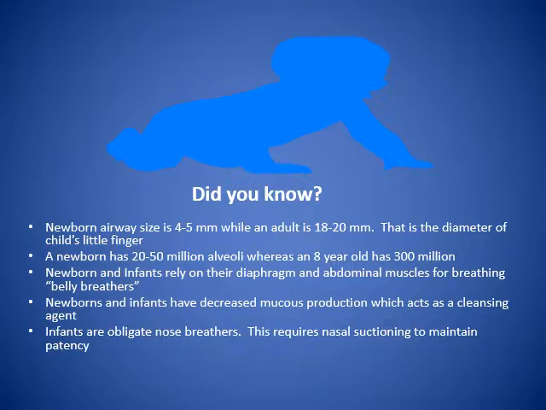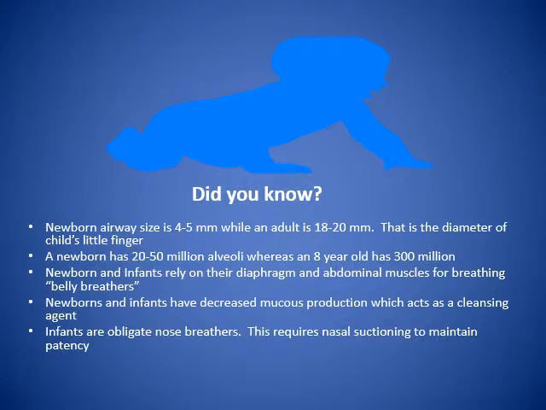I want you to remember the functional unit of an alveoli is to allow gas exchange between carbon dioxide and oxygen. So if you have a lot less of them and you have respiratory distress, it's not going to take as much to get into problems than it would if you had a lot more.